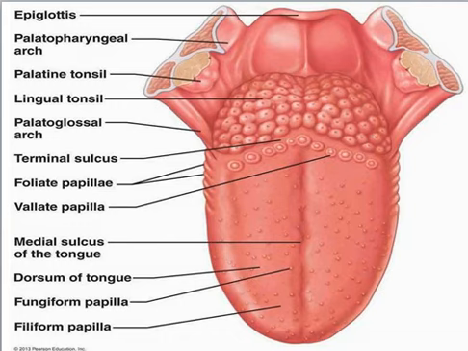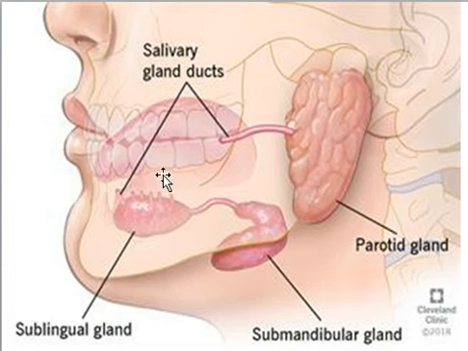The second accessory organs are the salivary glands. We can define the salivary glands as exocrine glands that produce saliva through a system of ducts. That means these glands secrete their product through a duct.